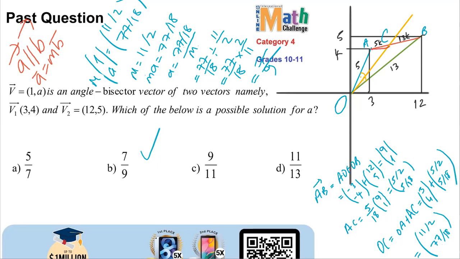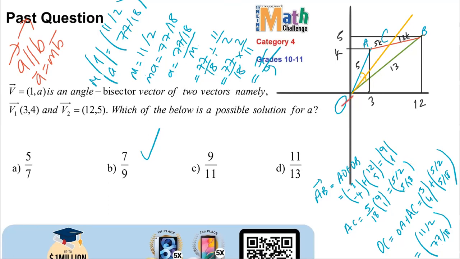So to find AC, we multiply AB by 5 over 18. So, and when we multiply this 5 over 18 by each coordinate, and when we simplify, we get 5 over 2 and 5 over 18. So this is the coordinate of AC, this one.